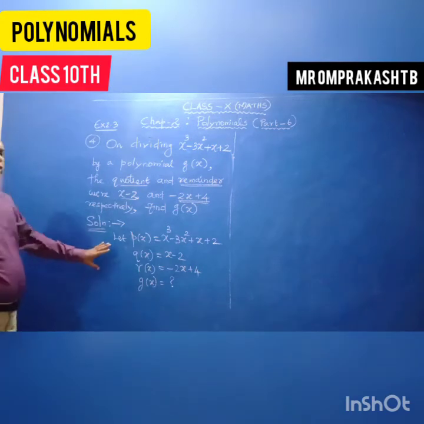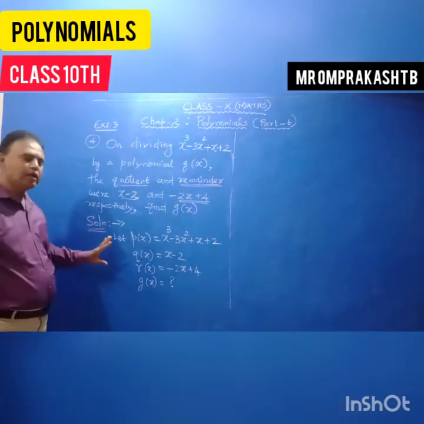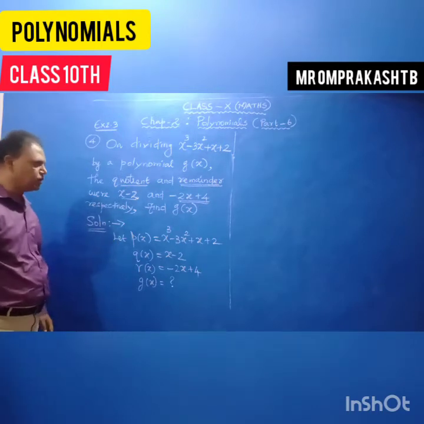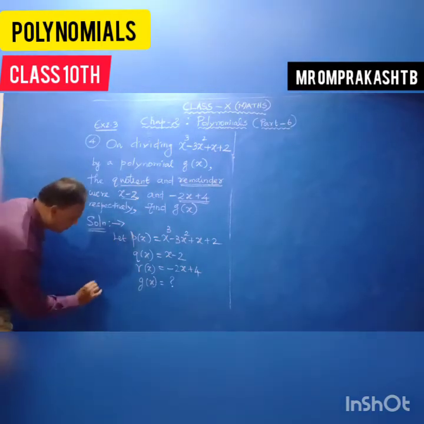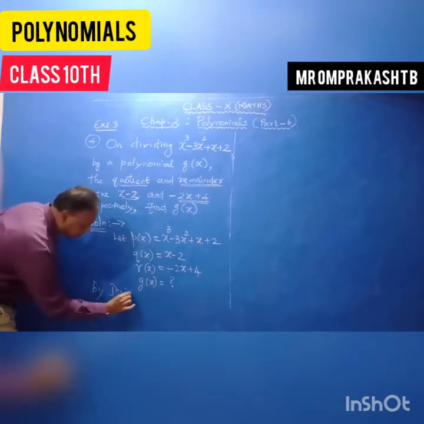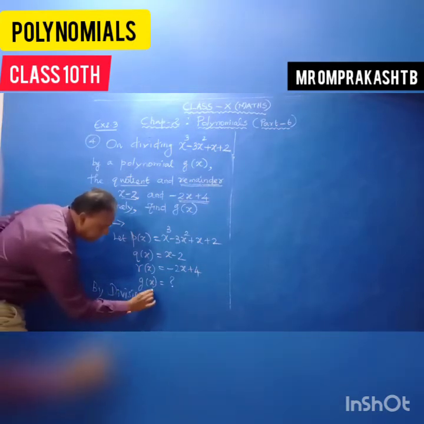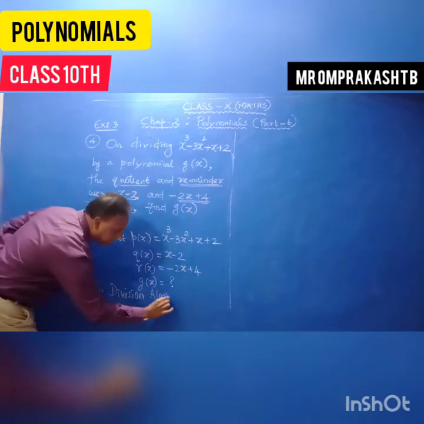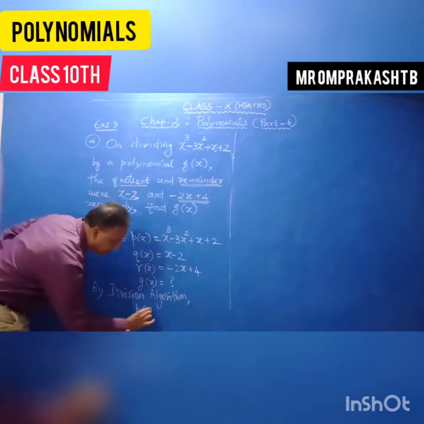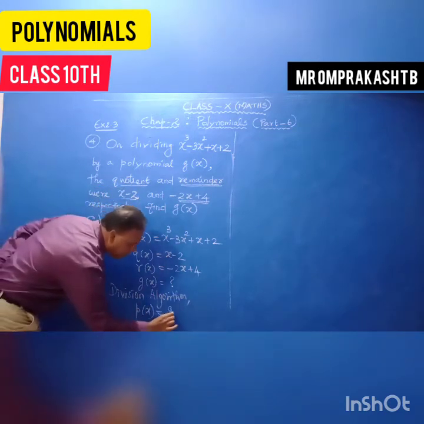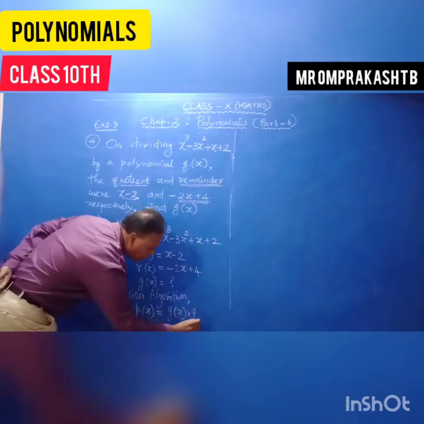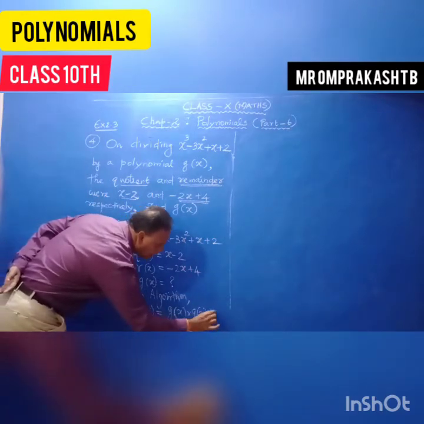So here you have to use the division algorithm of polynomial. What is the division algorithm? By division algorithm, p of x is equal to g of x into q of x plus r of x.